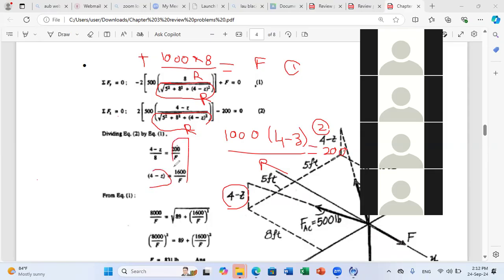And once I relate z to f, I can substitute in one of my equations to solve for the magnitude f. Okay, because f is positive. So I have one possible solution. I solve for f. Once I get f, now I am ready to substitute and calculate that. This is the idea. So it's just a mathematical way to solve in a simpler method.